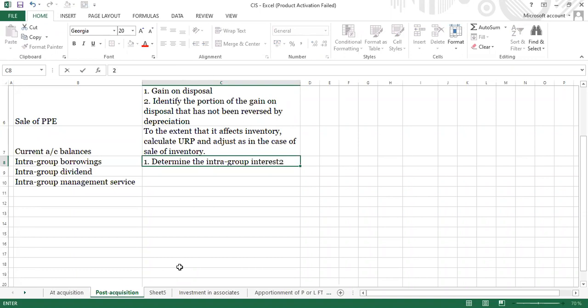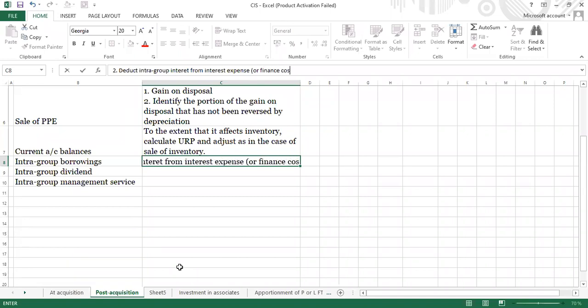Secondly, let me be more specific: deduct the intra-group interest from interest expense.